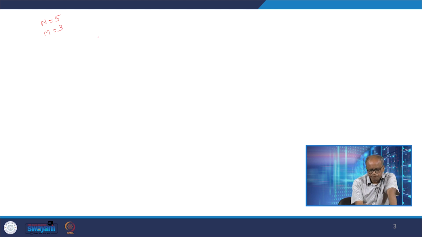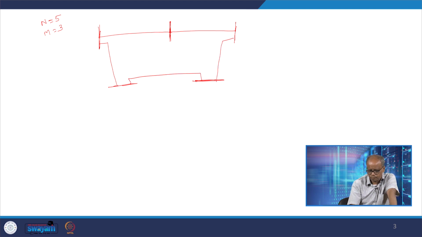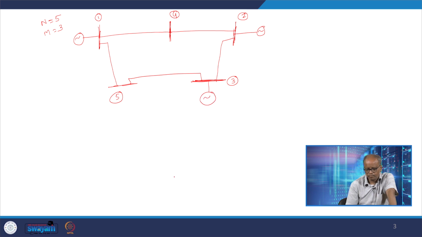So let's say this is bus 1, this is bus 2, this is bus 3, this is bus 4, this is bus 5, and at bus 1 there is one generator, at bus 2 there is another generator, and at bus 3 there is another generator.